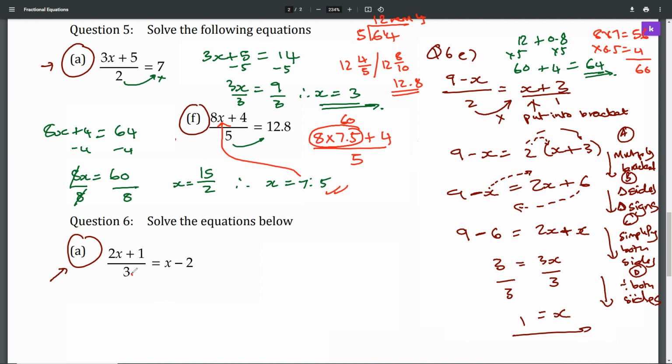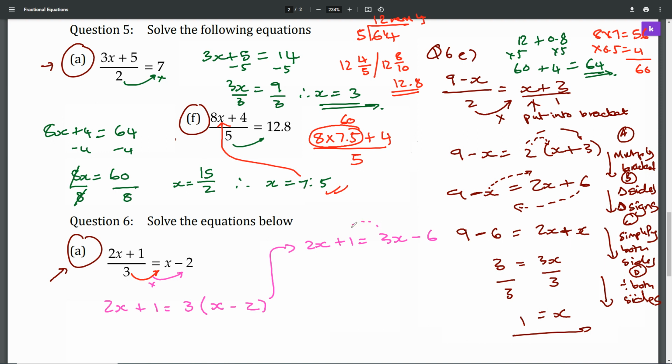Okay. The next one, multiplying 3 for this, I've got to multiply twice. So I'm going to rewrite this as 2x plus 1, bringing it down, equals 3 bracket x minus 2. So 3 multiplies by both the x and the negative 2. So I put it in a bracket. So that gets me 2x plus 1 equals 3x minus 6.